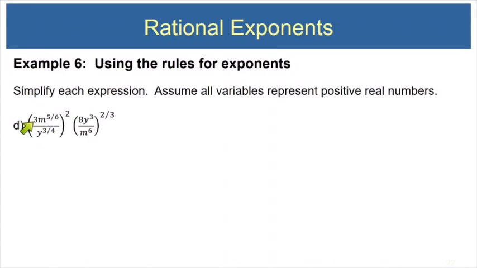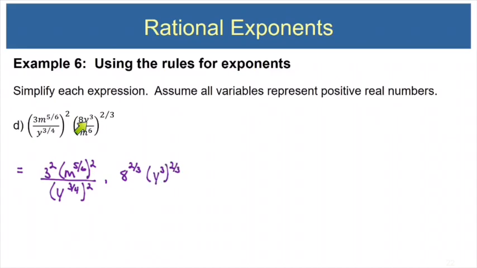So for this first fraction, that's going to give me 3 to the 2nd times m to the 5/6 to the 2nd, and in the denominator y to the 3/4 to the 2nd. For the second fraction, I'm going to go ahead and have 8 to the 2/3 times y to the 3rd to the 2/3, and in the denominator m to the 6th to the 2/3.